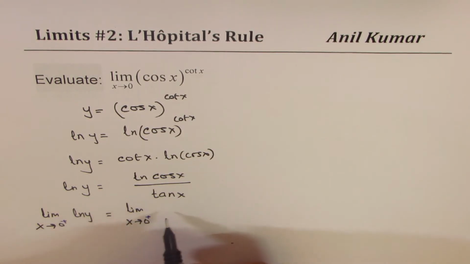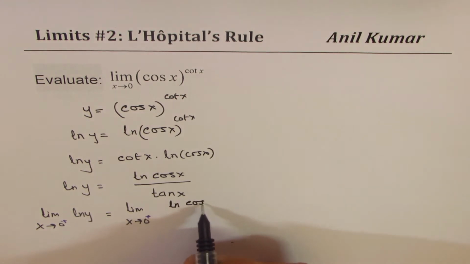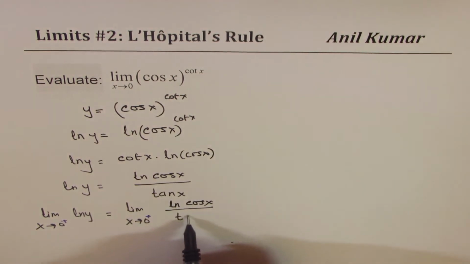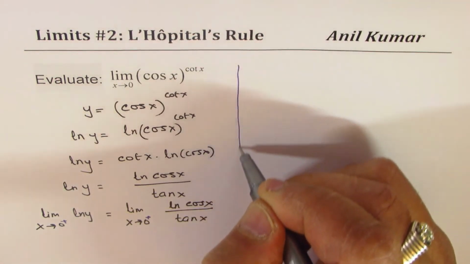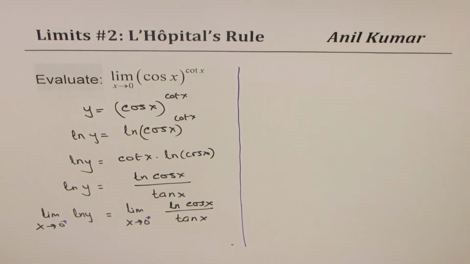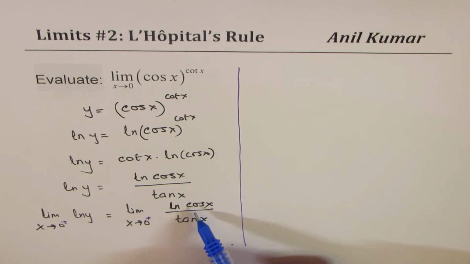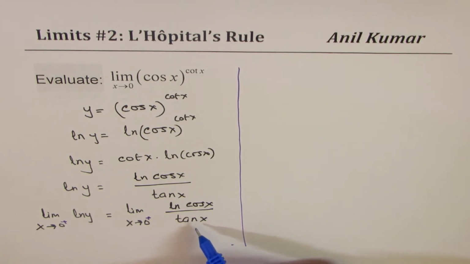So what we get here is the limit of ln cos x over tan x. Now applying L'Hopital's rule, where the limit of the ratio of functions is the same as the limit of the ratio of their derivatives, right?